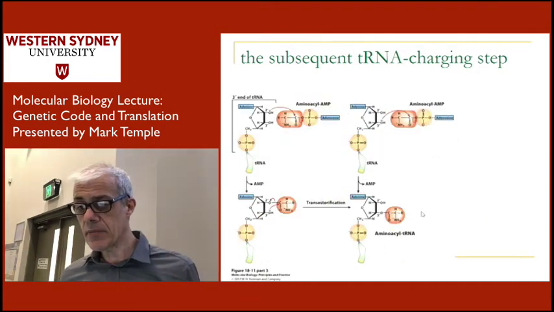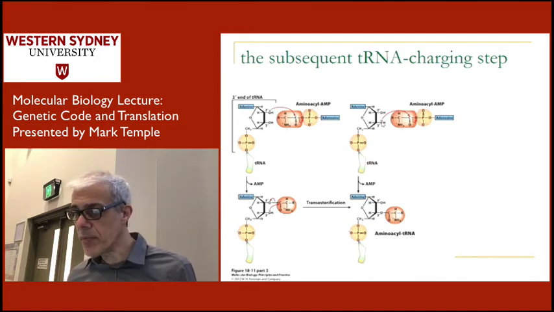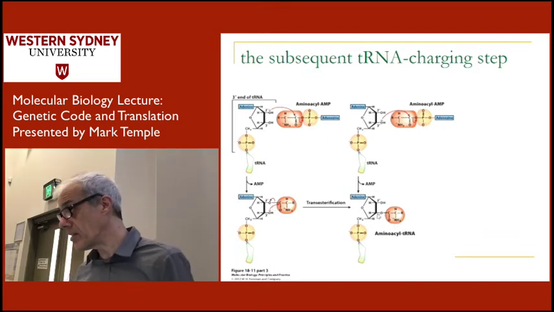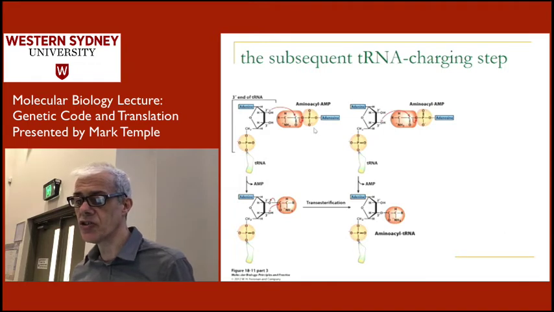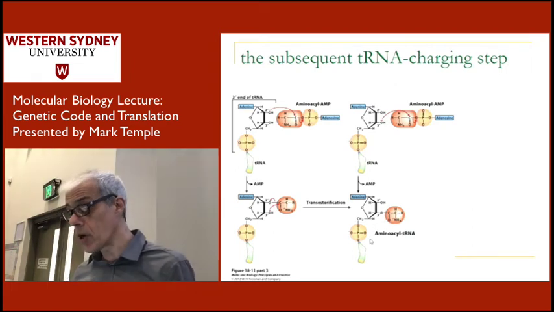This is showing the attachment at the 2' here, the attachment at the 3', so either of these cases occur, but there's a transesterification that happens, so you end up with the amino acid attached to the 3' OH, regardless of which aminoacyl transfer RNA and to which of these free OH groups. It doesn't really matter which it is, it ends up at the 3'. And that's what goes into the ribosome, this charged transfer RNA with an amino acid attached to it on the 3' OH.